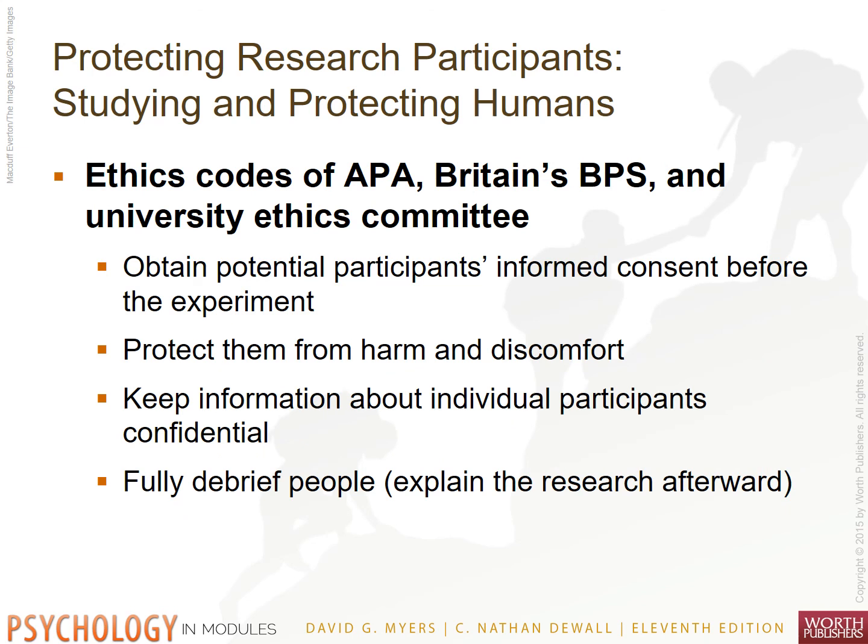And obviously, there's a few other ethical concerns that are addressed for protecting human beings other than animals. If you're working with human beings, you have to get informed consent. So you have to actually give a document that details exactly what's going to happen during the research study or the experiment. And that person has to agree to it.